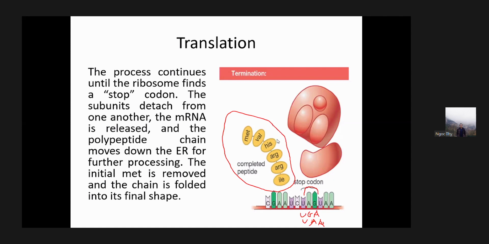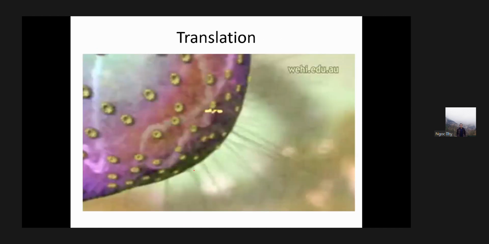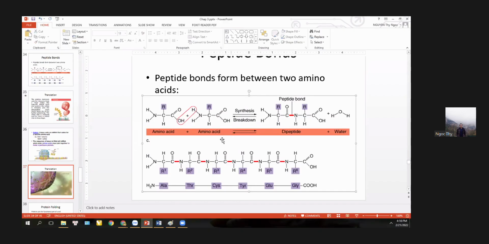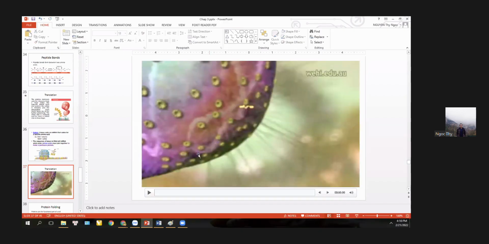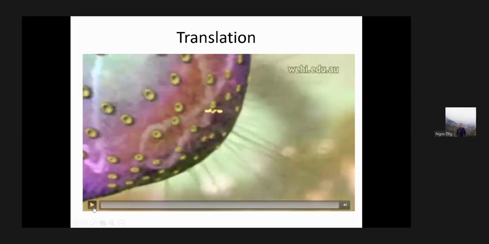The polypeptide will then go directly to post-translational modification to form the 3D structure of the protein. So let's watch a small clip to demonstrate the translation process.